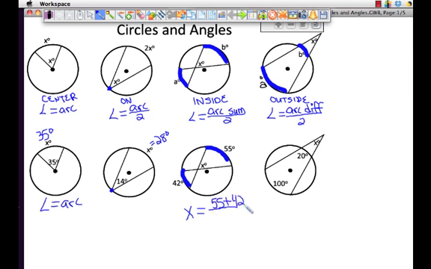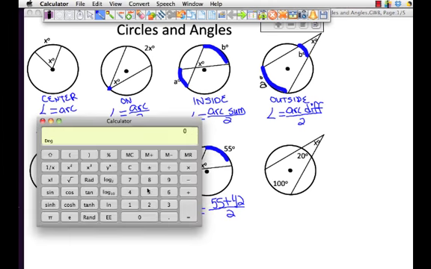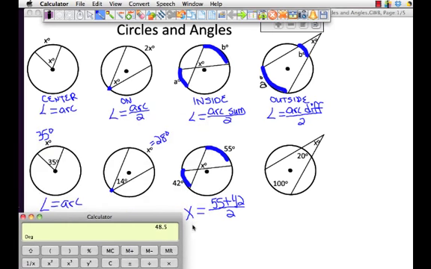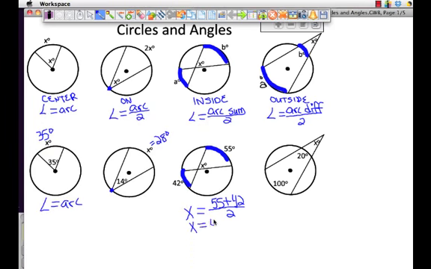And then I divide by 2. You can do that all in the calculator, but still just show me the work that you're doing. 55 plus 42, and then divide by 2. You get 48.5. X equals 48.5 degrees.